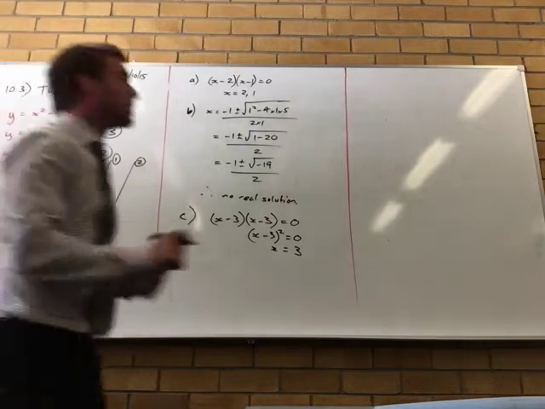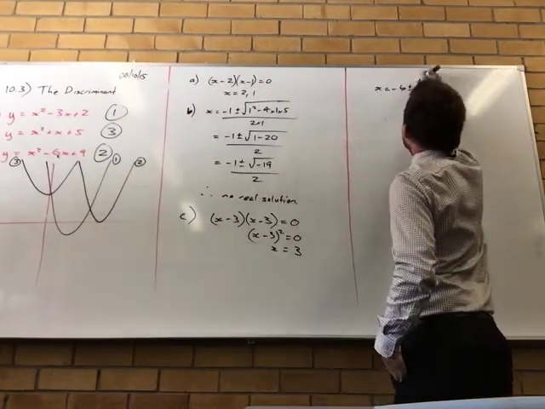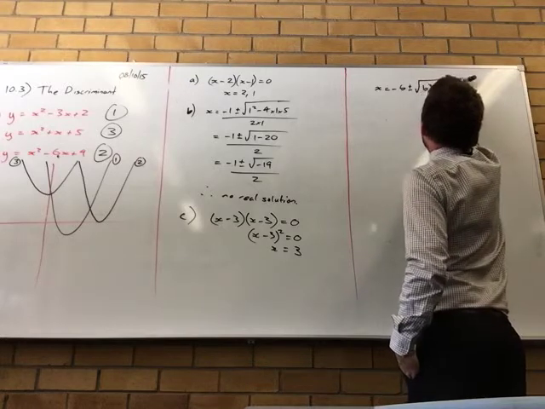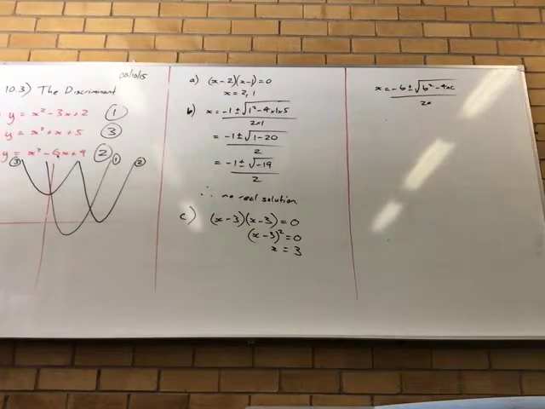And how does that influence your quadratic formula? So x is minus b plus or minus the square root of b squared minus 4ac, all over 2a. What happens if b squared take away 4ac is equal to 0?